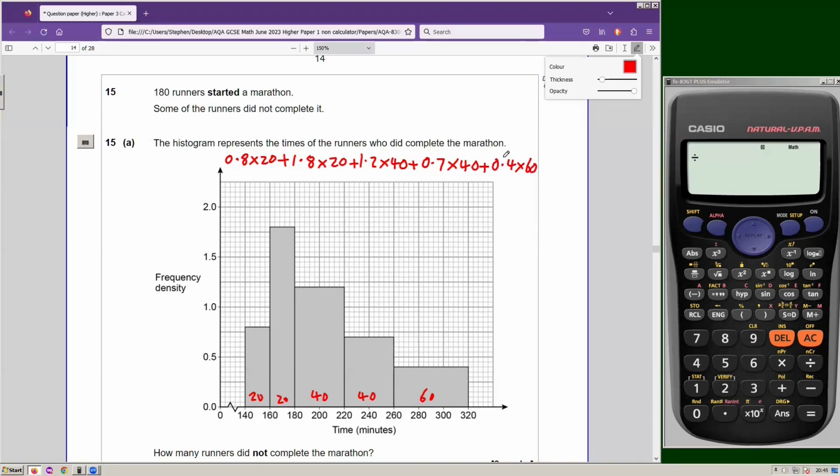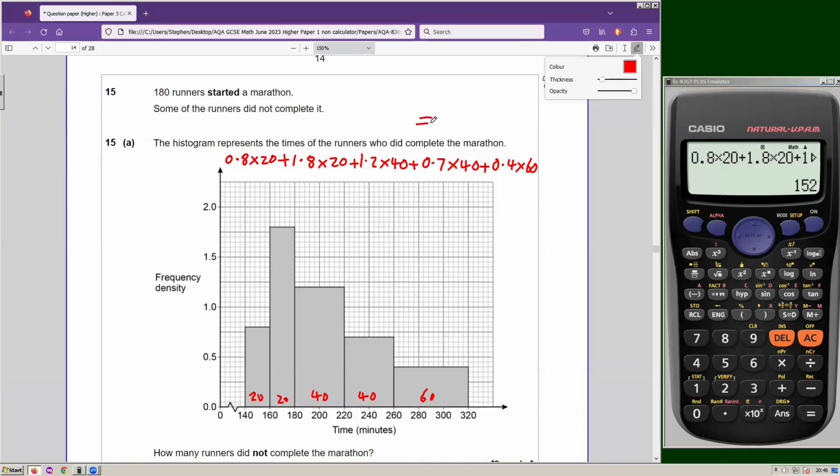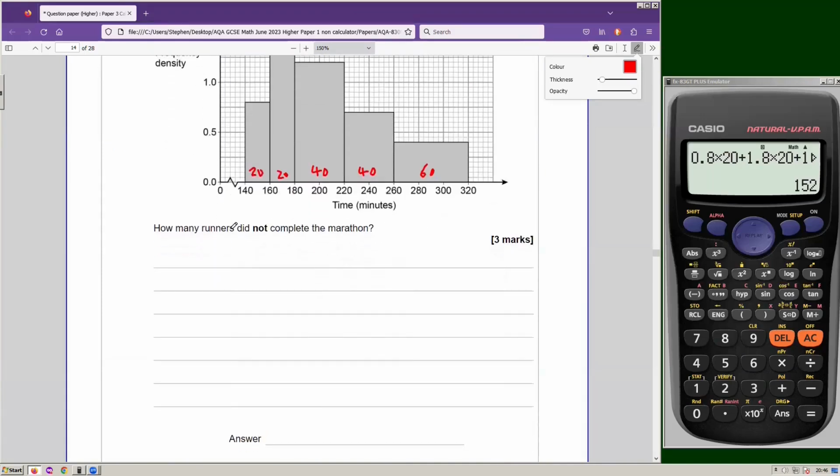So we put that lot into the calculator. That equals 152 who completed. So the ones who didn't complete then are 180, which is the number who started the race, minus 152. 28.